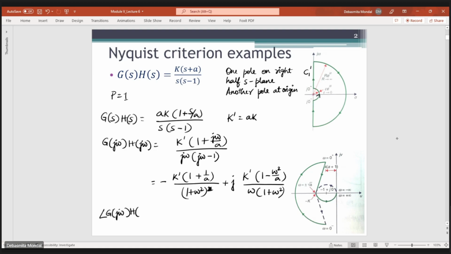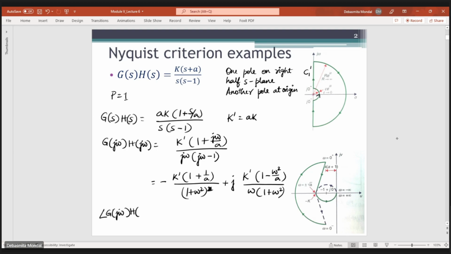Okay, so then we will try to find out, if we take the imaginary part of the gh of j omega equal to 0, that means the intersection with the real axis, right?